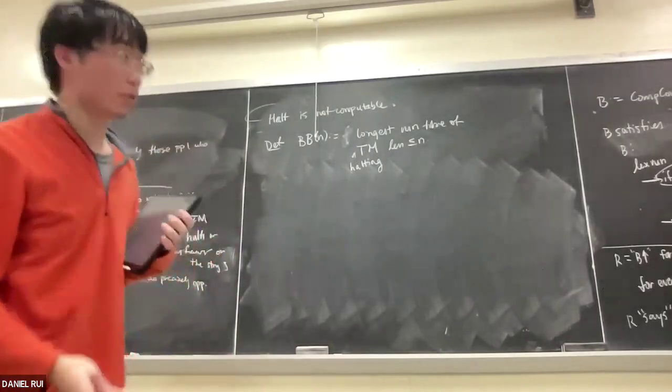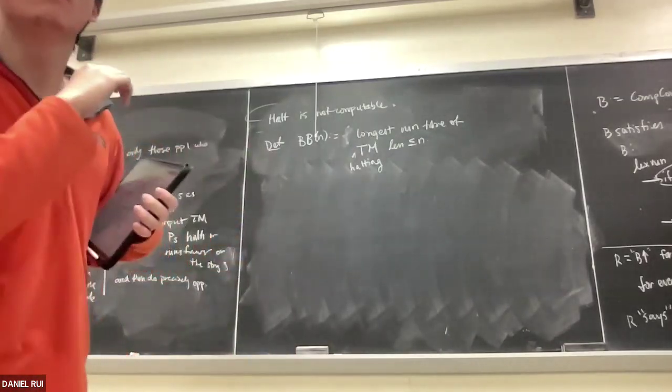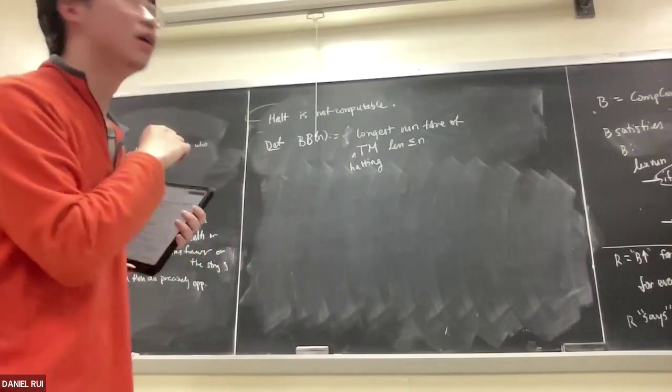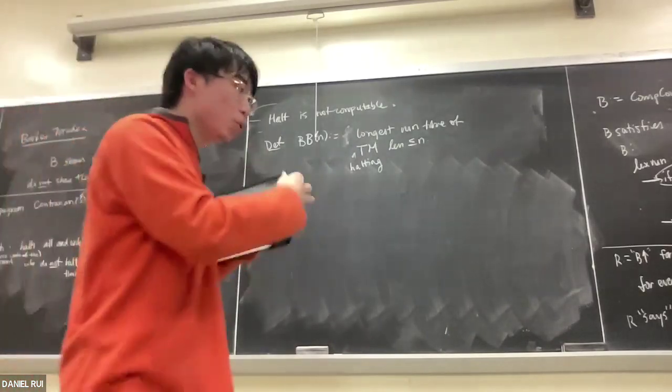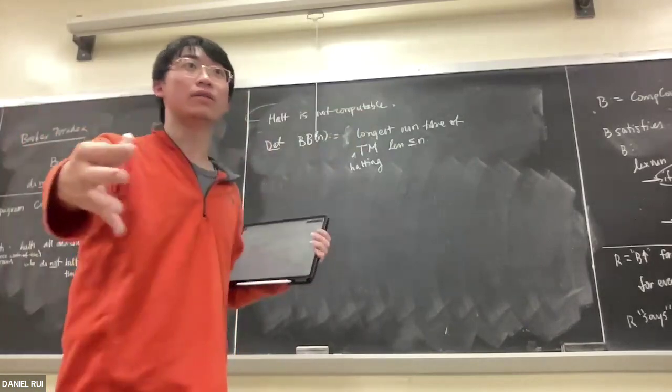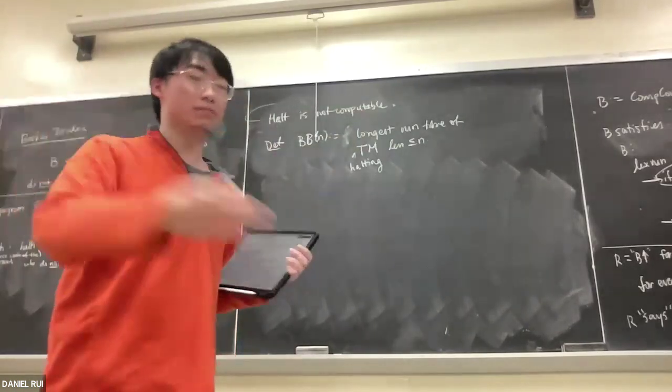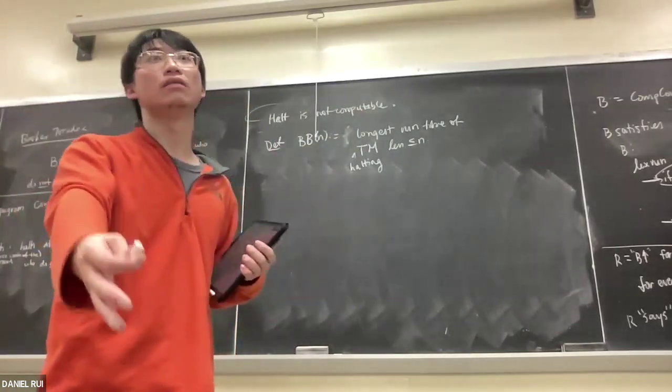You can define length however you want. I don't care. Somehow you would encode your Turing machine as some data, that is going to take some amount of bits, and that's going to be the length.